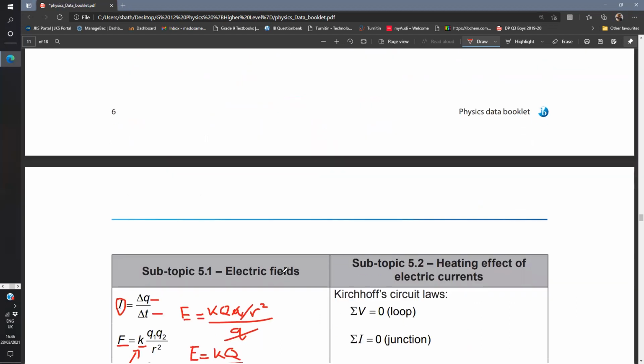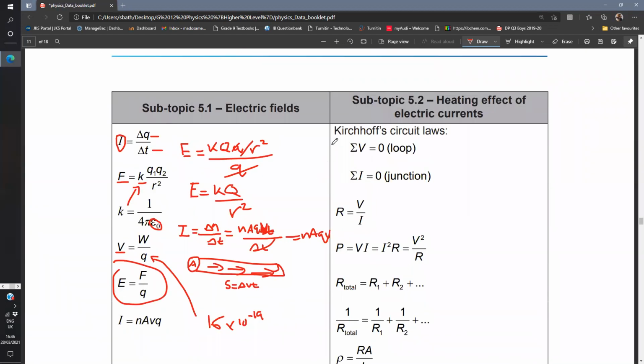Now the heating effects of electric currents. Here we are going to introduce Kirchhoff's law, circuit law. So basically, when you have a loop, let me draw a better one. A loop usually consists of a cell. And let's place a resistor. Let's say the current goes this way.